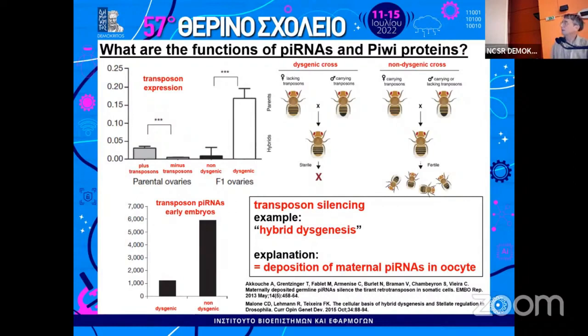This is because the female fly does not have the piRNAs that can neutralize the transposable elements from the male partner. Normally these piRNAs are deposited in the oocyte, and they will provide protection against the transposable elements of the father.